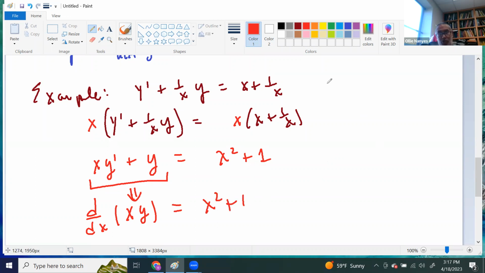So what we multiplied by to get a perfect derivative is going to be called the integrating factor.